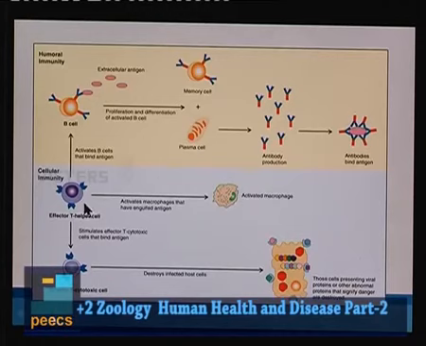The T cells that are activated will produce effector T cells known as helper T cells. Here you can see the helper T cells are activating the B cell, and the activated B cell will produce the memory cell as well as the plasma cell.